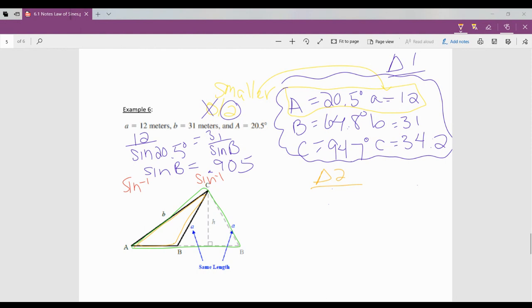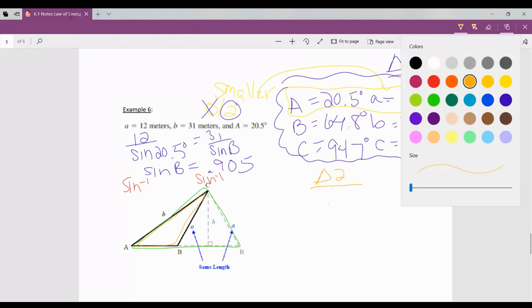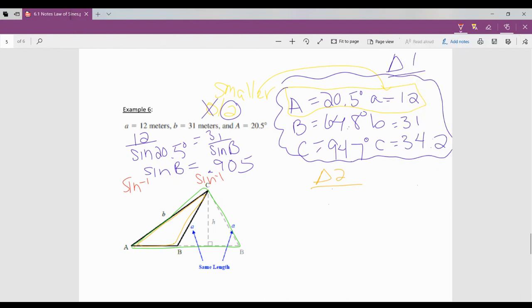So now one of the key things is that A stays the same. And now if you look right here, we've got a third triangle. It's got A here and A here. So it's an isosceles triangle. So these two are going to be the same measurement.